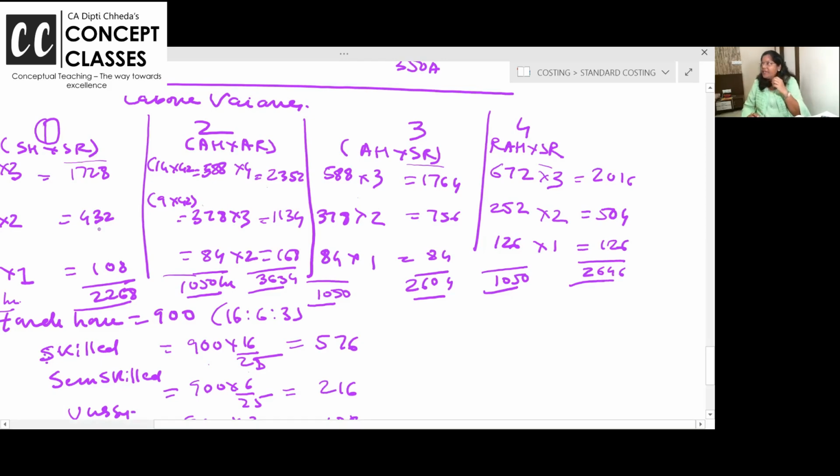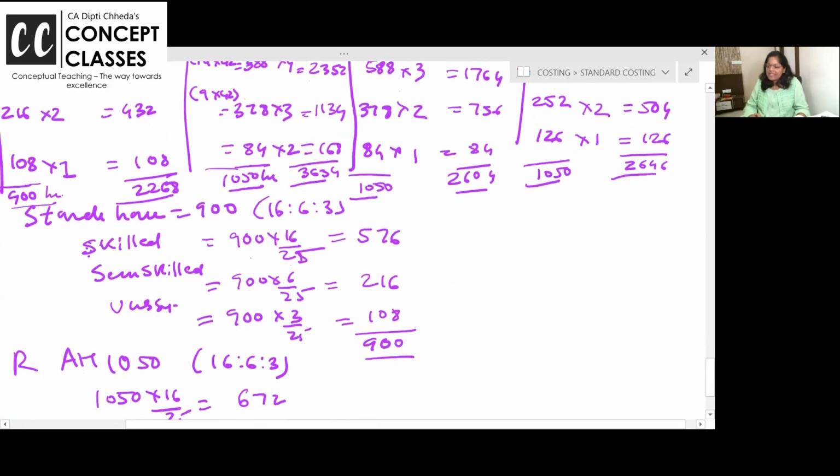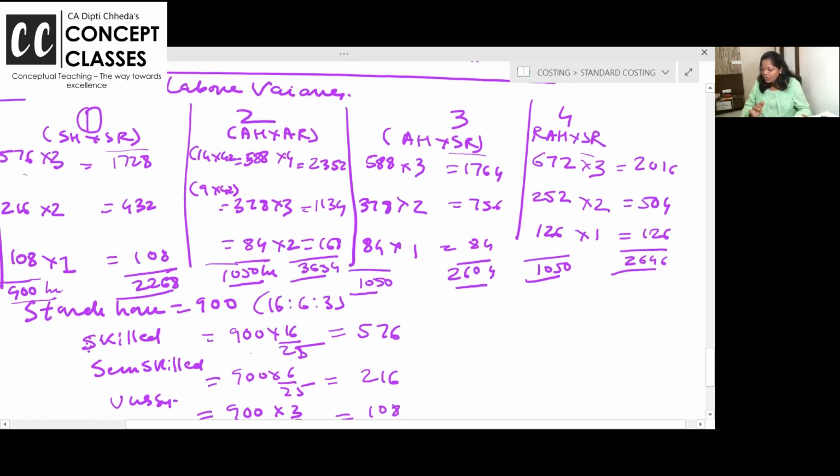Standard hours, standard rate, actual hours, actual rate, actual hours, standard rate, revised actual hours, standard rate. Four things. Criteria is clear to all of you. Anyone in the class not getting the total?